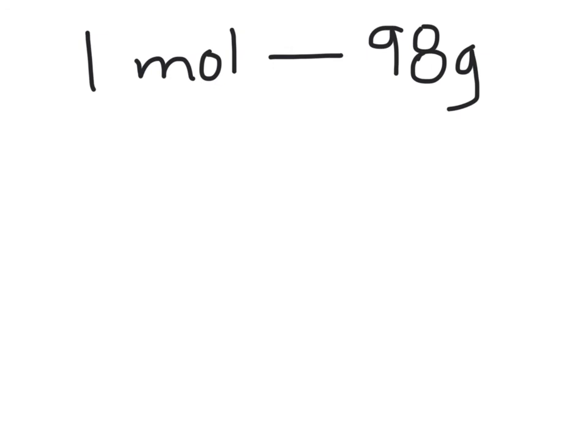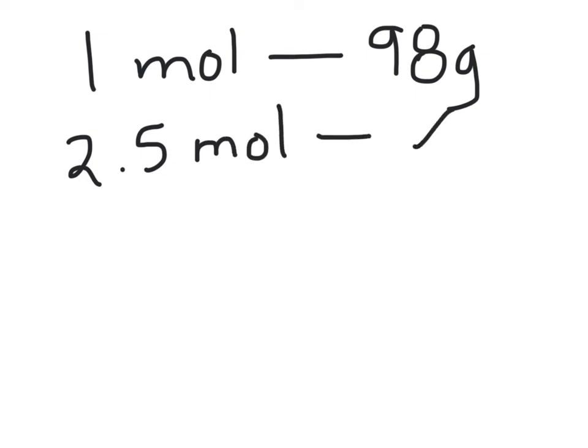In 1 mole of sulfuric acid, we find 98 grams. The question is, in 2.5 moles, how many grams can I find? Again, look for the cross numbers and multiply them, and then divide it by the other one.